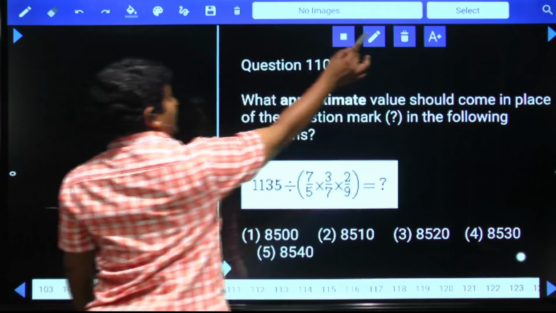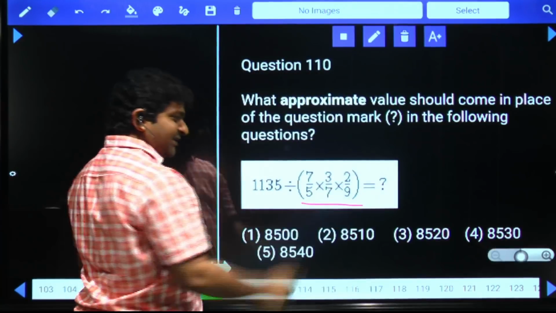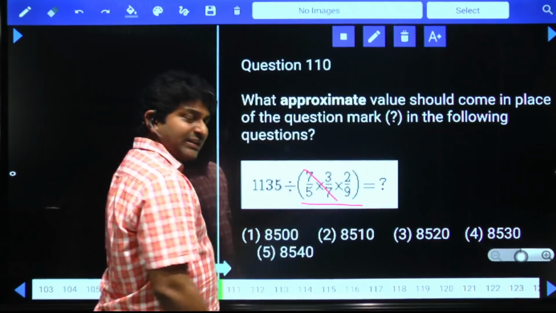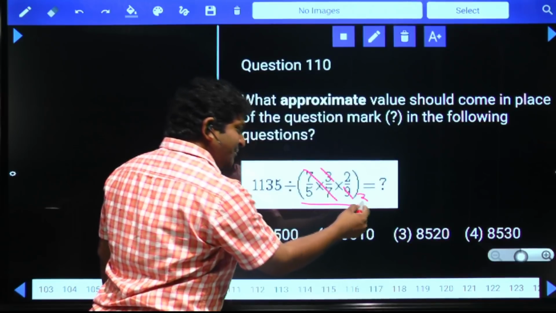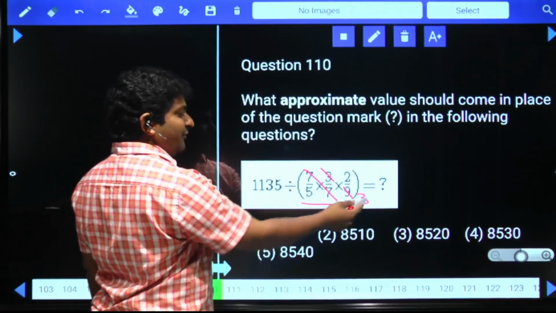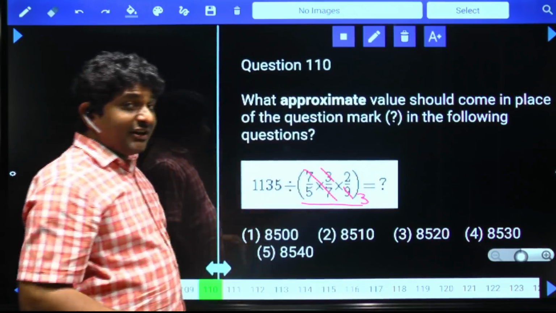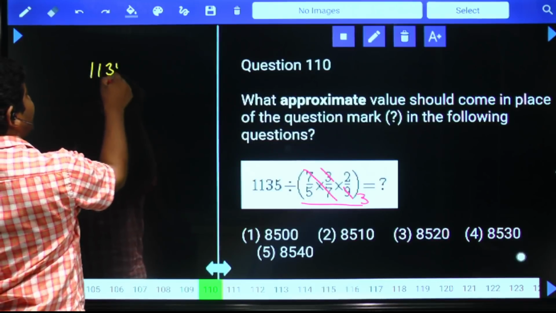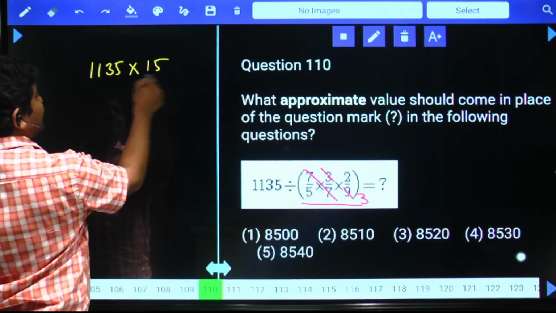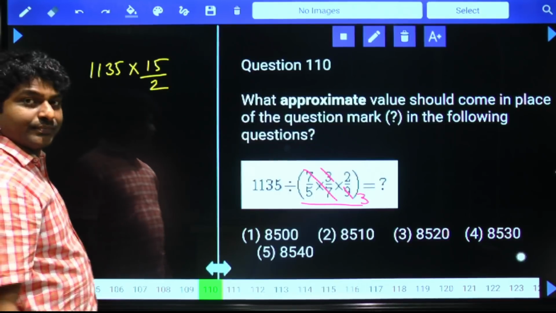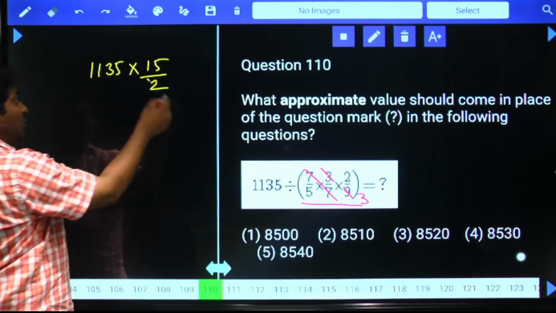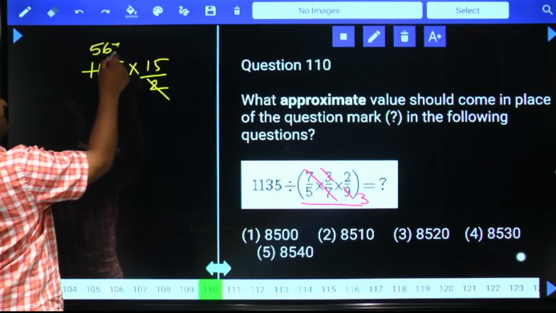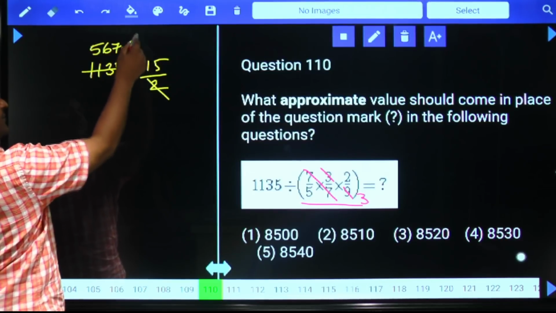Now, here, number inside bracket. Let's first try to do it. 7, 7 cancel. 3, 3 times here. So that is equal to 2 by 15. Divided by 2 by 15 can be written as into 15 by 2. 1135 into 15 by 2. 2, 5 times, 6 times, 7 times, 0.5.